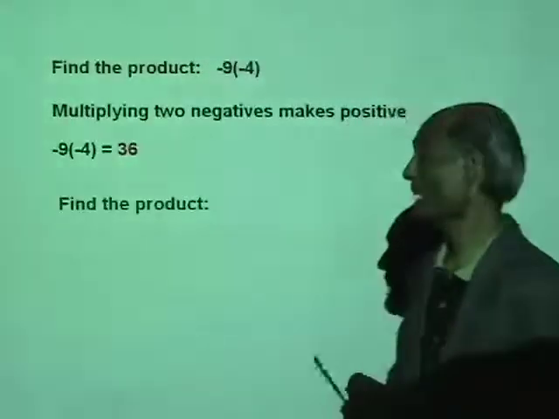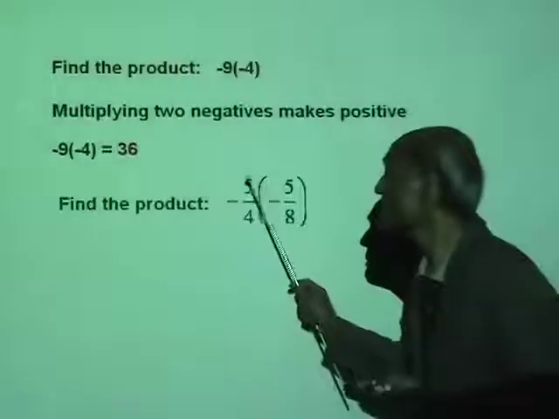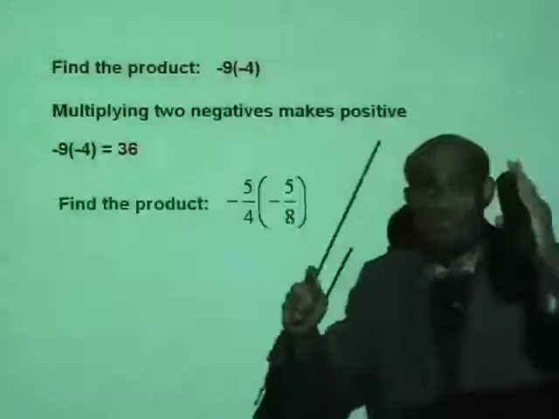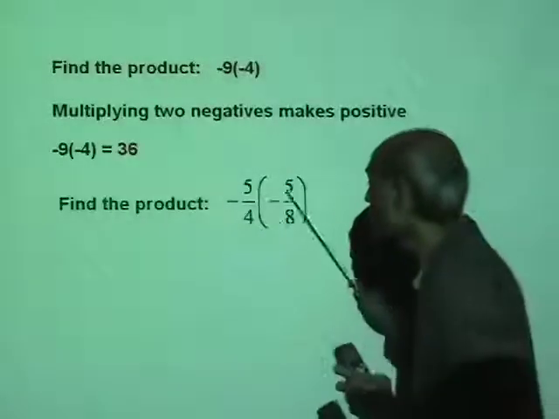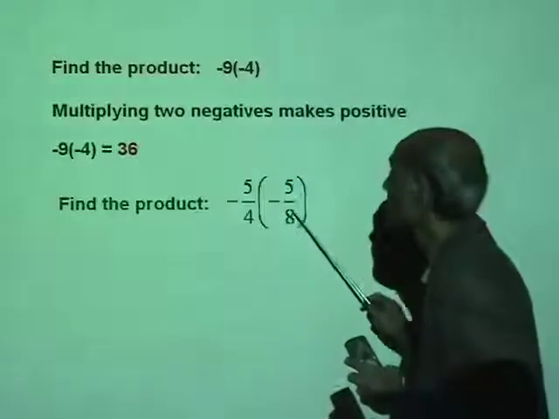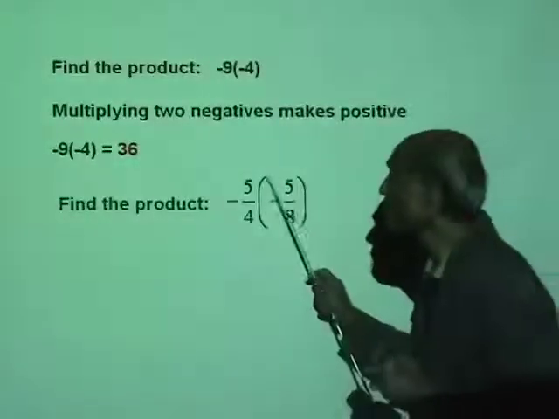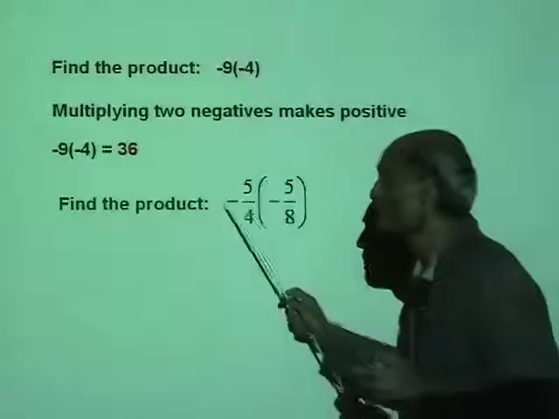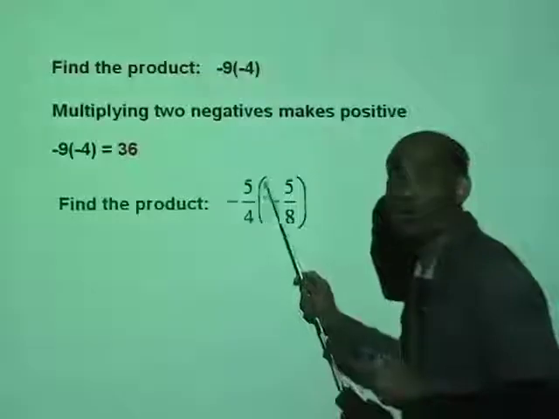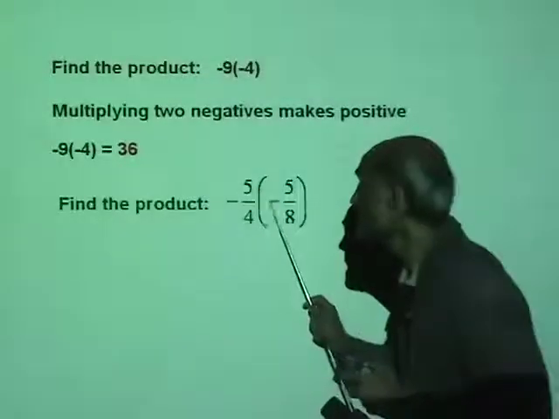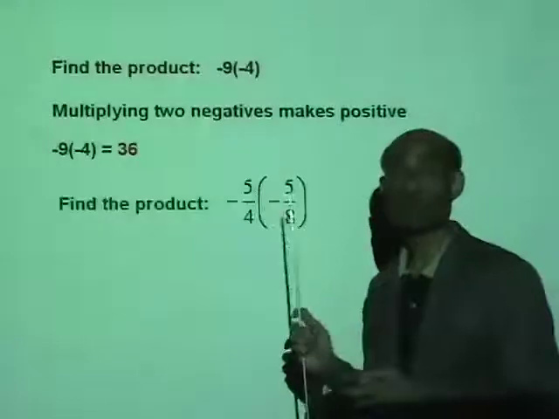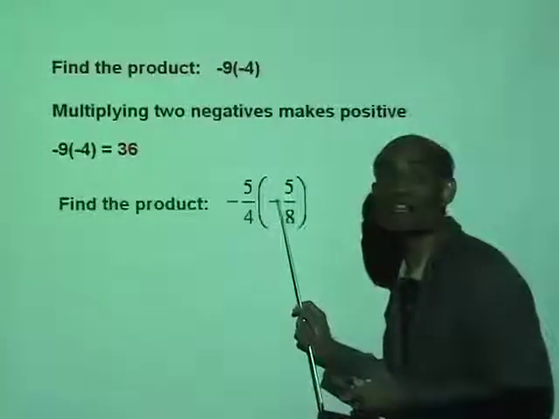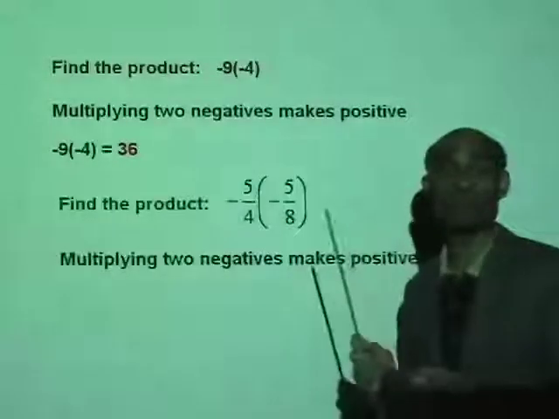Okay, another one. Find the product. Negative 5 over 4 multiplied by, look at that, the parenthesis says multiplied by negative 5 over 8. When you want to multiply with a negative number, put that inside a parenthesis. So negative 5 over 4 multiplied by negative 5 over 8. The first thing you notice, a negative number multiplied by a negative number is a positive number.